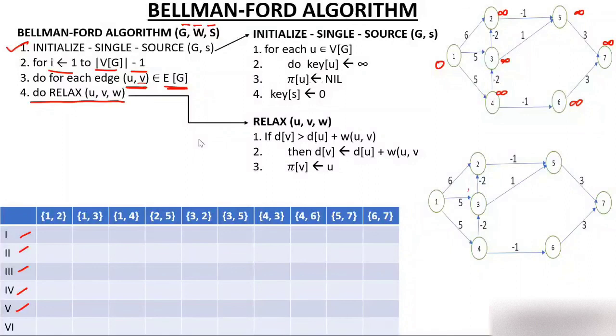If you're coming directly to this video, I again request you to kindly watch video number 12 of the Bellman-Ford algorithm, where we solved a question. This is the 13th video, and in the 12th we already discussed a question on it. My job is to explain how this algorithm works. I've explained what relax is and what initialize single source is. Now it's your job to watch the video and iterate this algorithm.